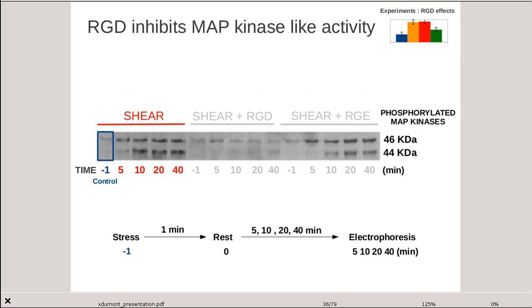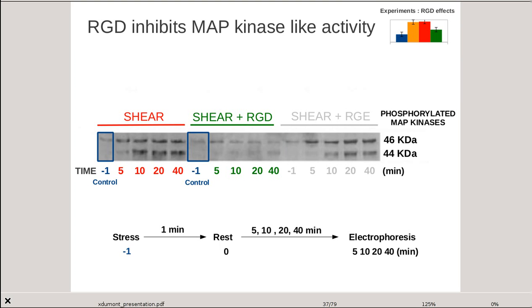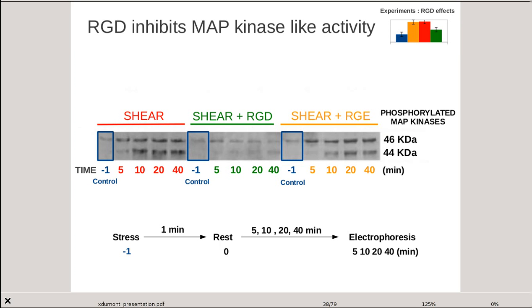Three conditions are tested with this protocol. The first one tests the effect of the shear stress. We observe a quick and significant increase in MAP kinase activity for both the 44 and the 46 kilodalton MAP kinase. Second situation, RGD peptide plus shear stress. We observe almost no phosphorylation, meaning no activity of the two MAP kinases.